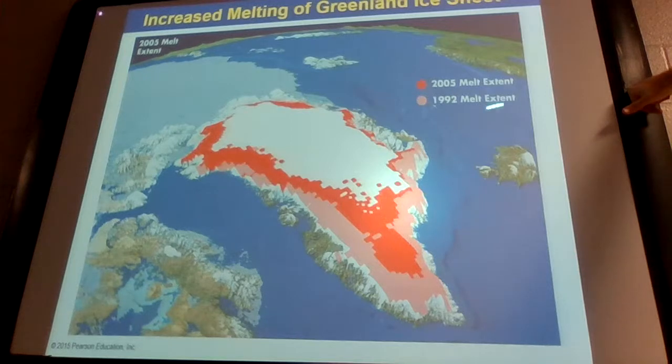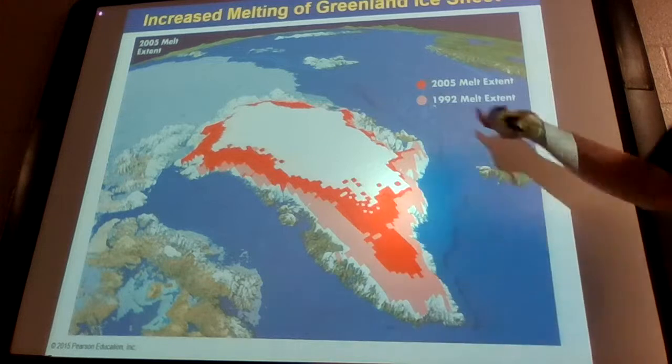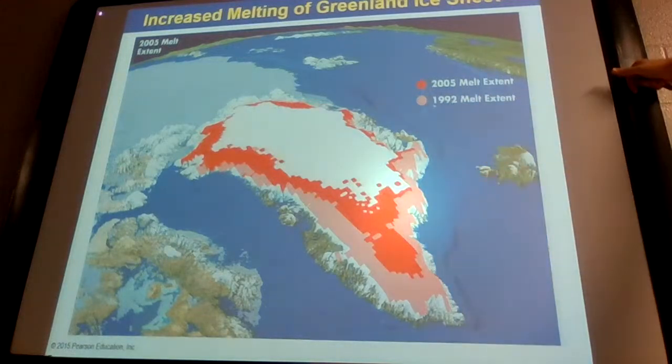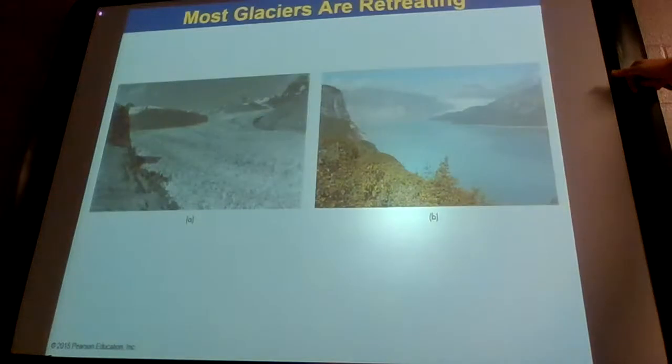So you can see here, you have the 1992 melt extent, the 2005 melt extent, and I assume the white stuff is the stuff that is not yet melted. But in less than 20, 30 years, you've lost quite a bit of ice on Greenland here. This is a picture. You can find lots of pictures of all sorts of glaciers like this. I don't remember what year this was, maybe the 50s or 60s.